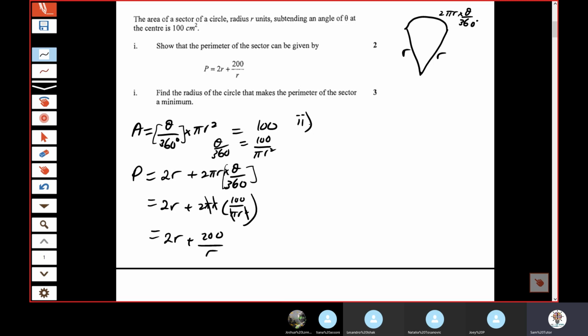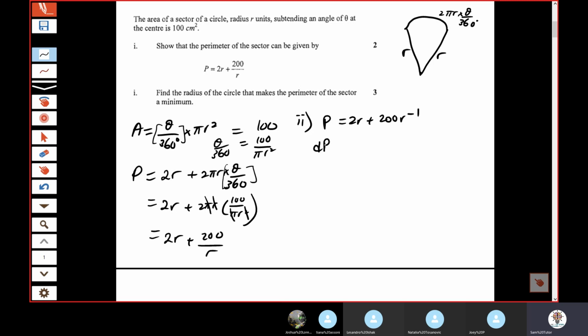What do you have to do with that r that's in the denominator before you can differentiate it? You've got to make it a negative power. So P, before you start, you needed to remember it had to look like this.